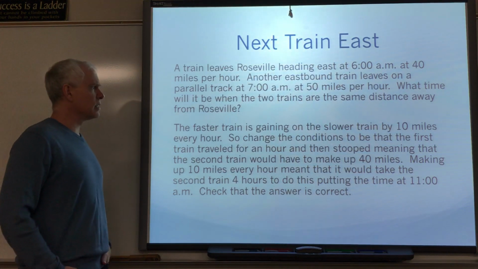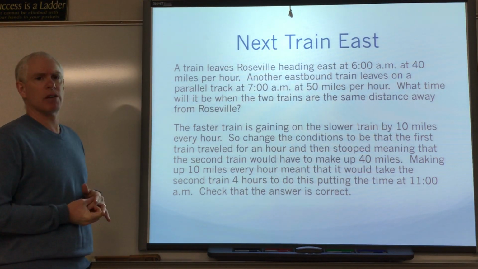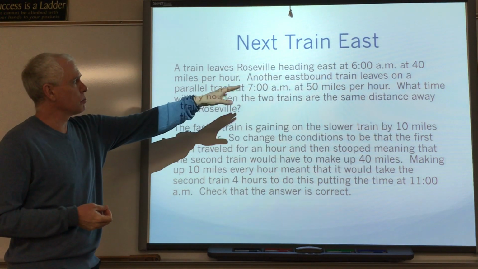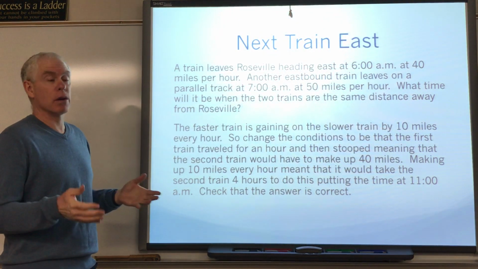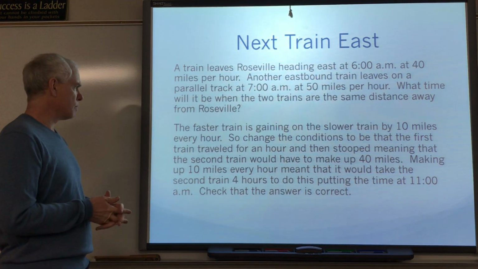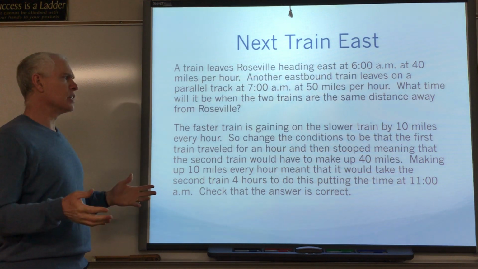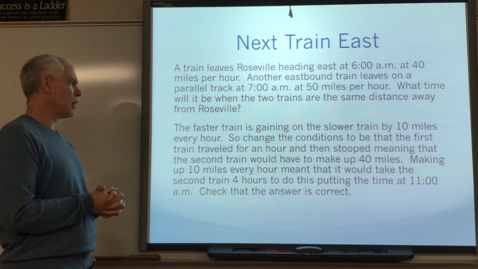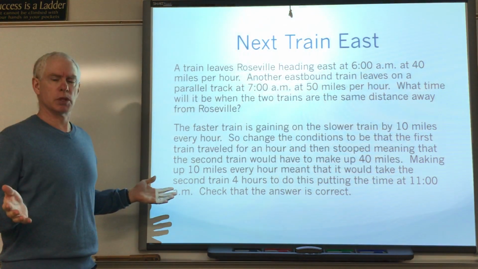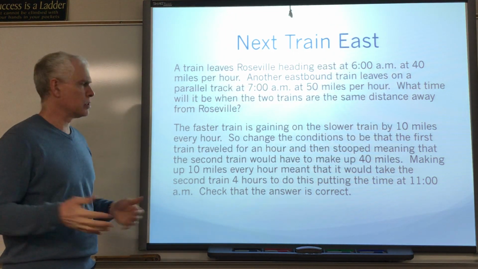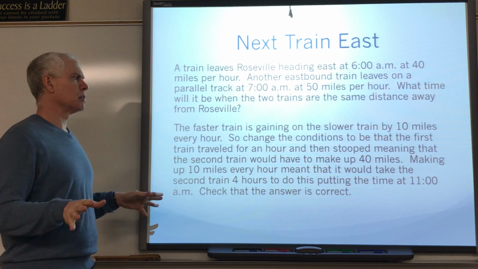Okay, so the faster train is gaining on the slower train by 10 miles every hour, right? One's going 40 miles per hour, one's going 50 miles an hour, so in an hour, the second train goes 10 miles farther. So change the conditions to be that the first train traveled for an hour. We'll just pick a random amount of time, 1 hour is easy to work with, and then stopped.